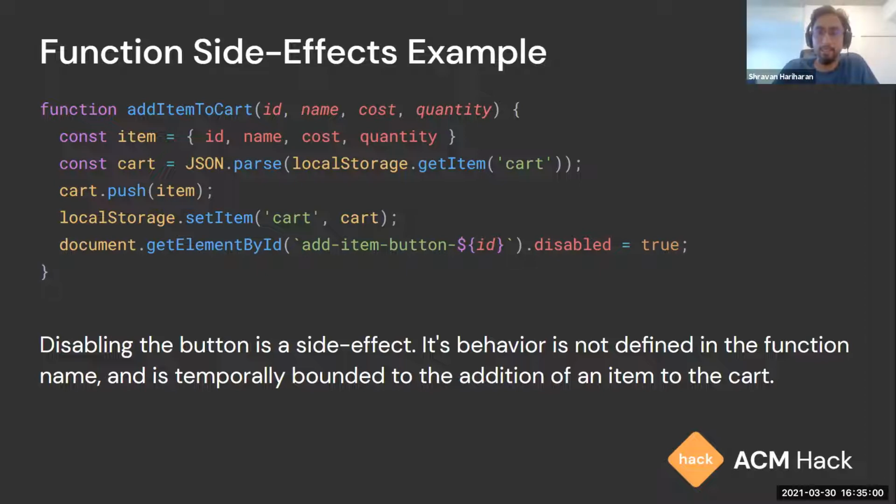It makes the button disabling temporally bound to the addition of an item. So every time an item is added, the button is disabled, which may or may not be the behavior that you want. So just make sure that the function doesn't have any side effects and it's only doing what its function name says, right? Otherwise, your function's probably doing more than one thing anyway.